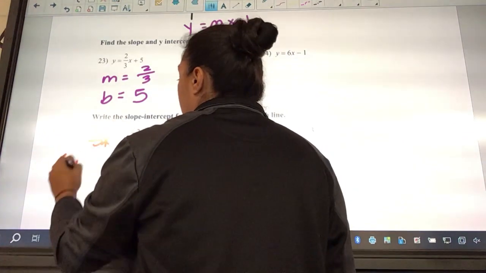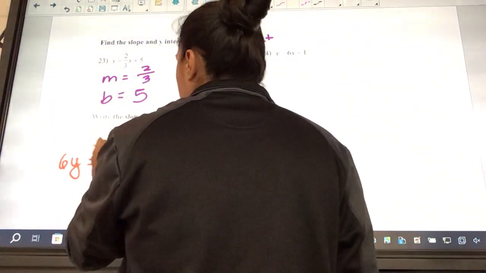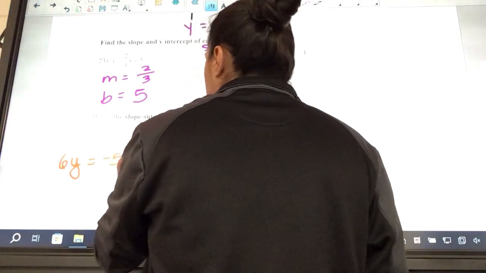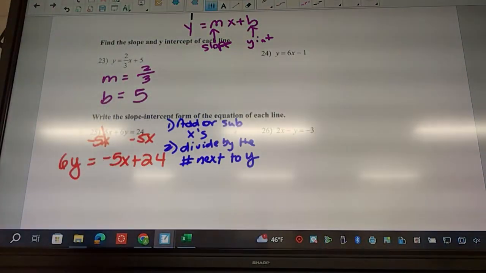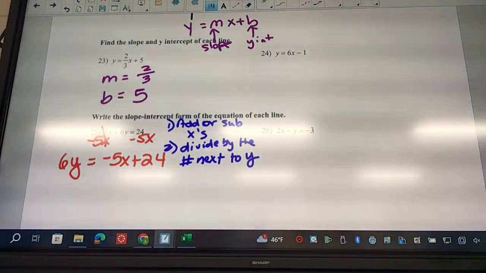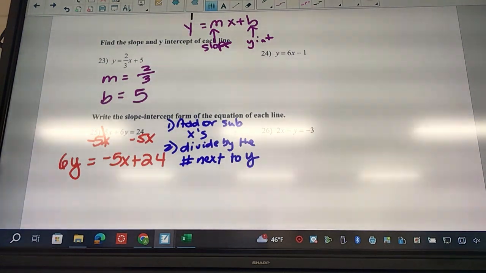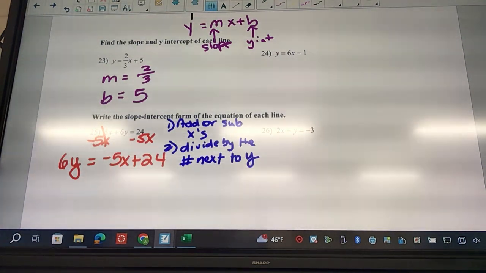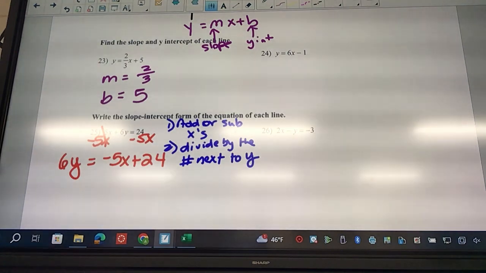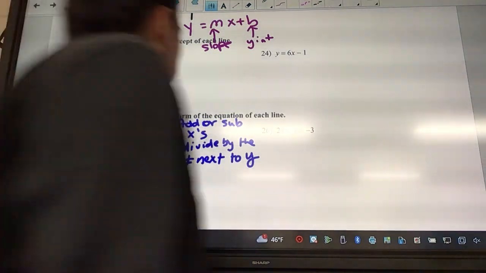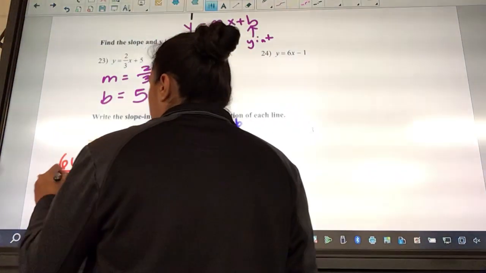And so I have 6y equals, we're just going to write this in a straight line, negative 5x plus 24. Now it says divide by the number next to the y. What is the number next to the y? 6. So we're going to divide everything by 6.